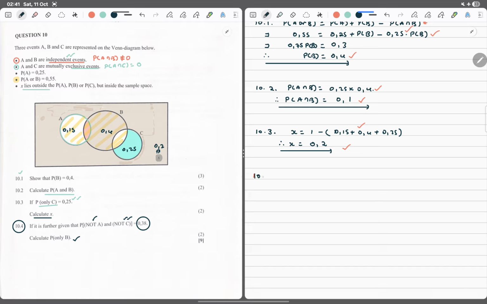So this is 10.4. So essentially P of B only plus X is going to be equal to the P of not A and not C, right?